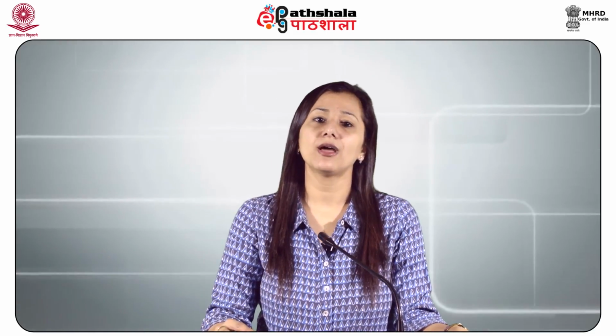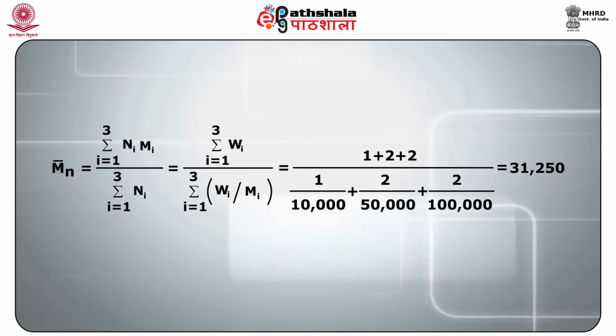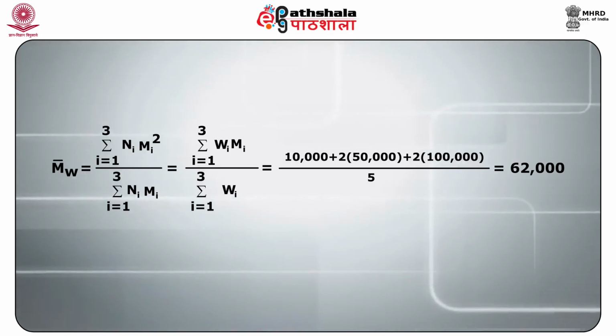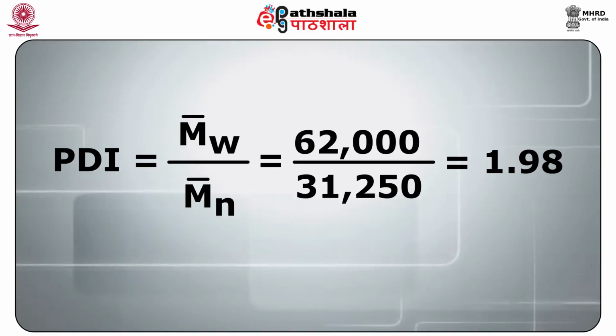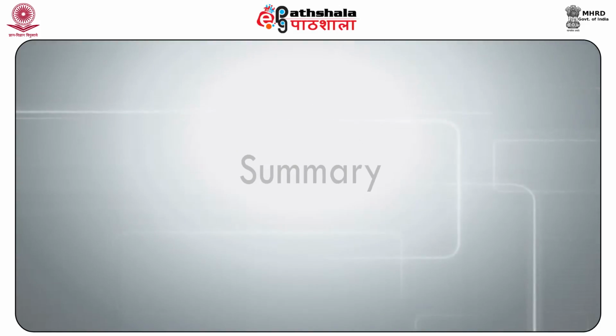We can calculate the mass average Mw bar and the number average Mn bar molar masses using the formulas 1 and 2. Therefore, on substitution, we obtain Mn bar equals 31,250 and Mw bar equals 62,000. Polydispersity index equals Mw bar by Mn bar is obtained as 1.98.